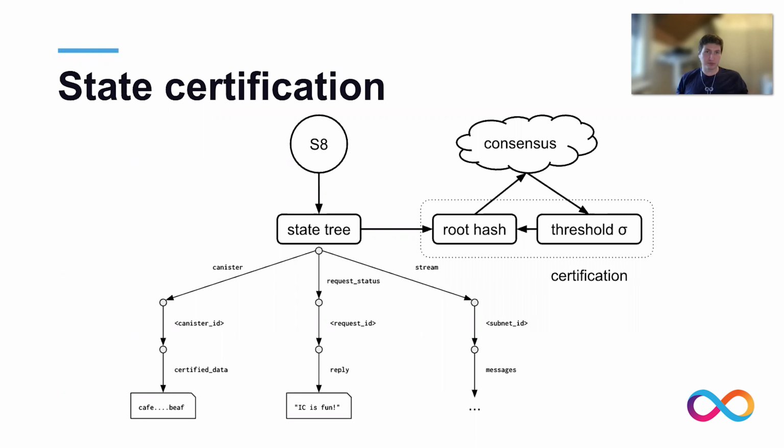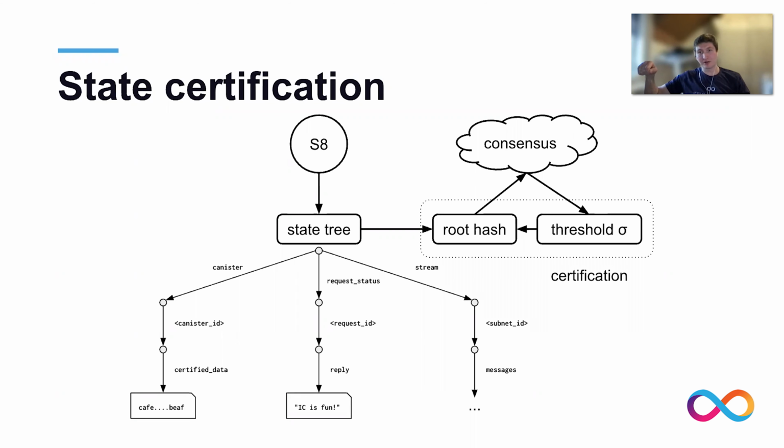Just to reiterate, we get some state after processing the block. We construct a Merkle tree based on this state according to the specification. We get the root hash of this state, and then we collect a threshold signature on it.